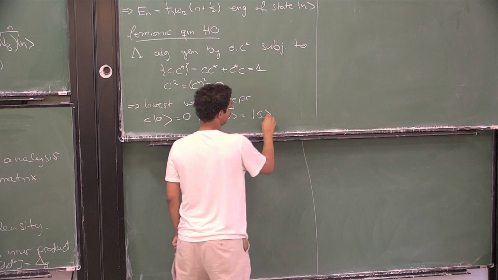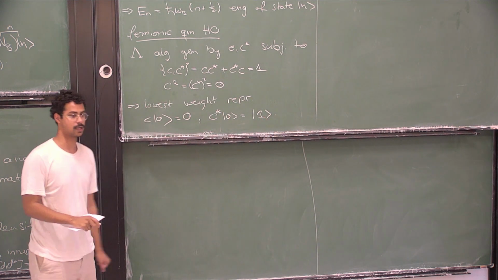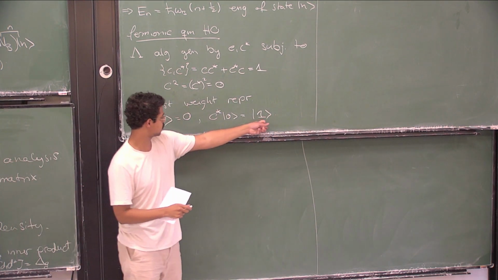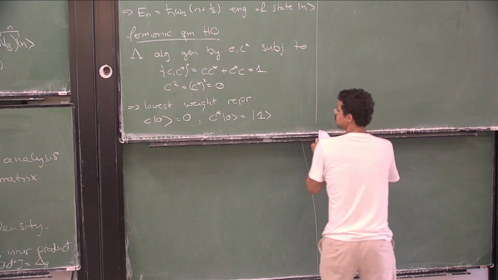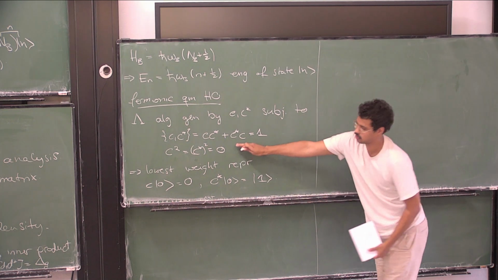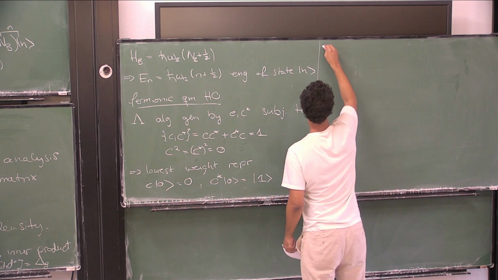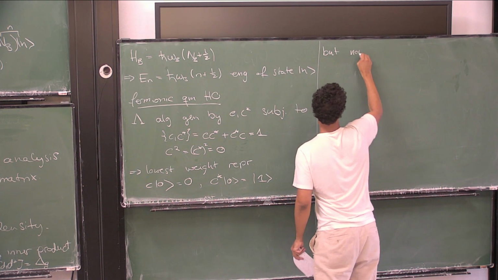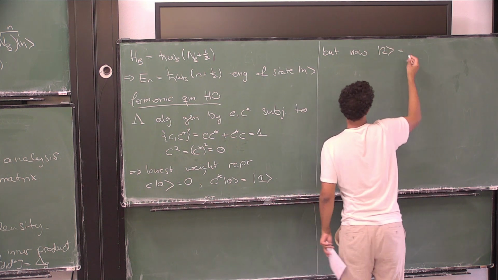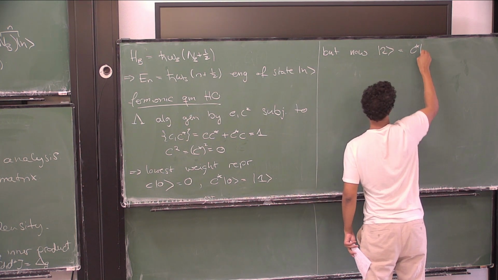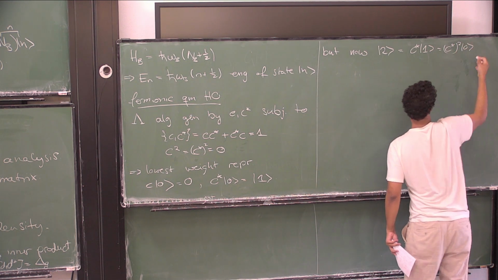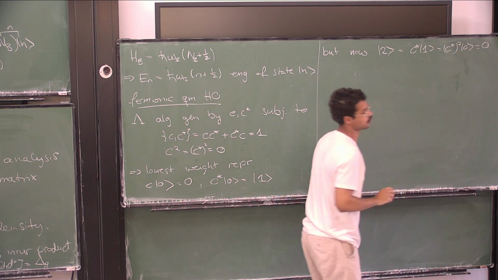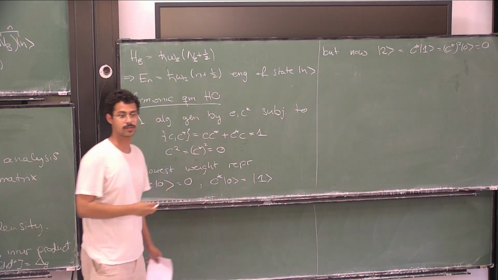Let's call it 1, and think of it as the state occupied by one fermion. Now by this strange relation, what would be the natural 2? Well, this would be C star acting on 1, but this would be C star squared on the vacuum, which is 0.